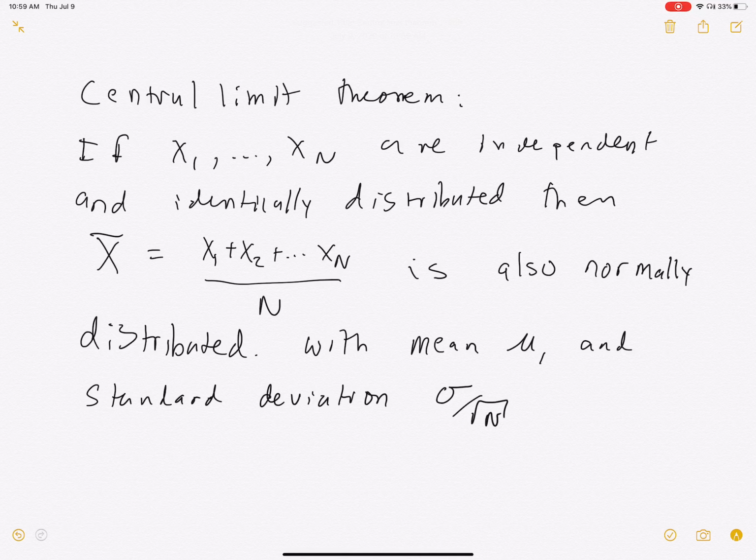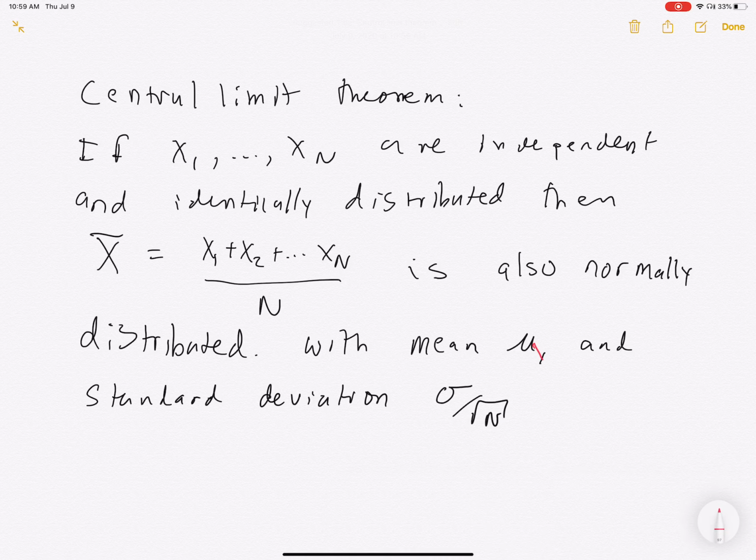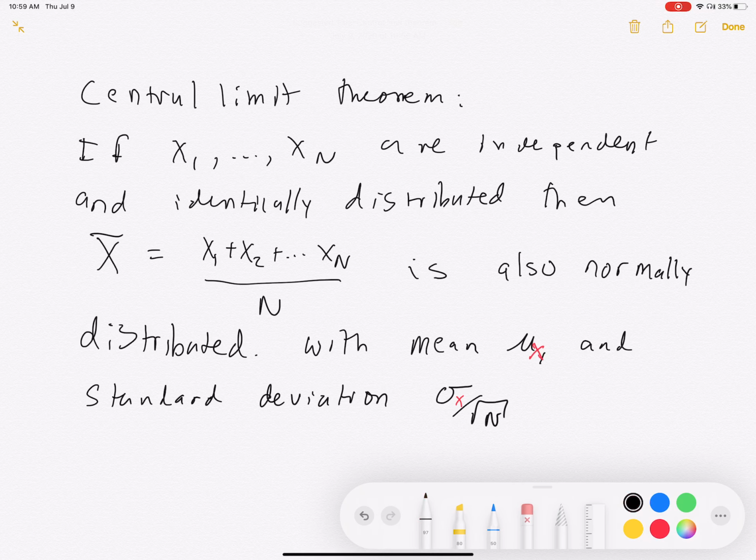Now I'm going to do something just a little bit different here, and this is optional. I'm going to put a subscript of an x here, and I'm going to state what these mean.